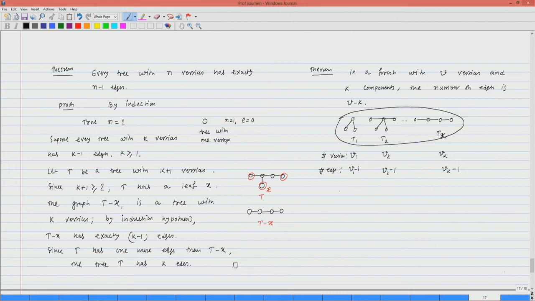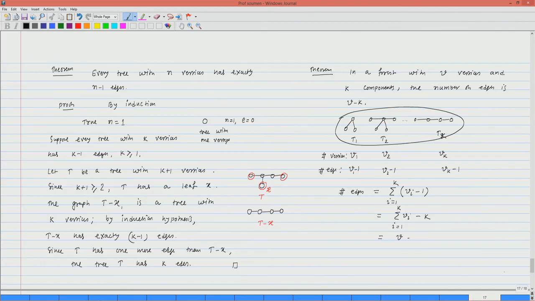So, the total number of edges in the forest is equal to the summation of Vi minus 1, i from 1 to k, which is equal to the summation of Vi from 1 to k, minus k, and the summation of Vi from 1 to k is equal to the total number of vertices.